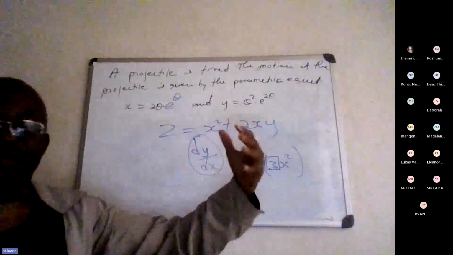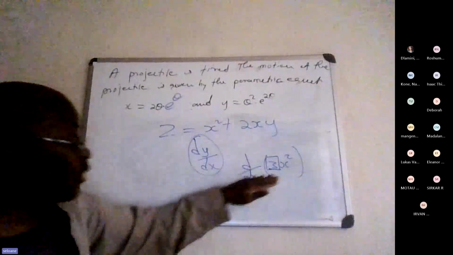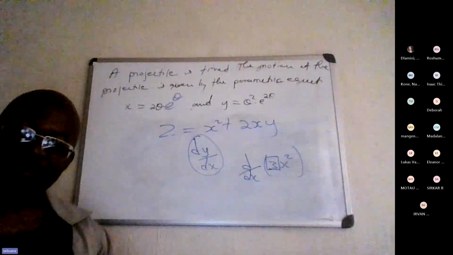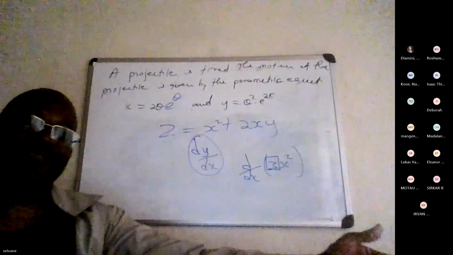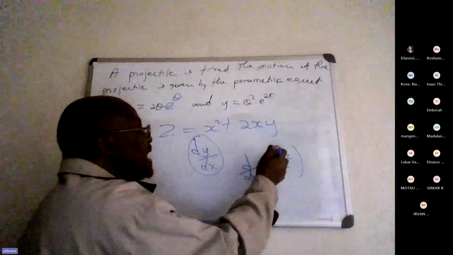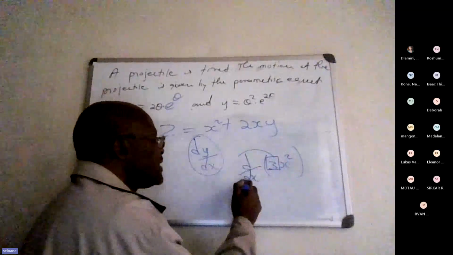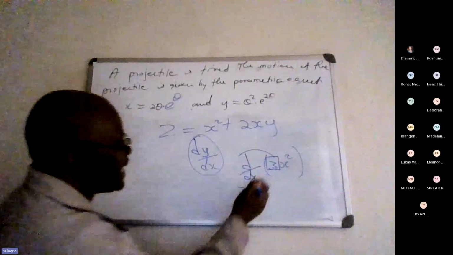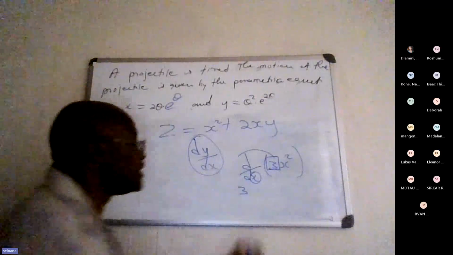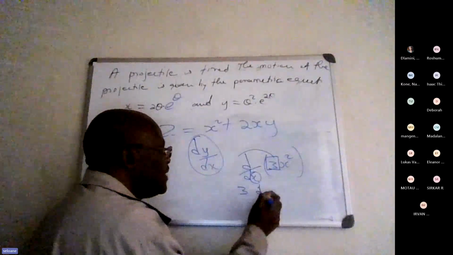It's a constant. So how do you differentiate a constant multiplied by a function? You can take the constant out because it has nothing to do with x. Then it will be 3 multiplied by this.